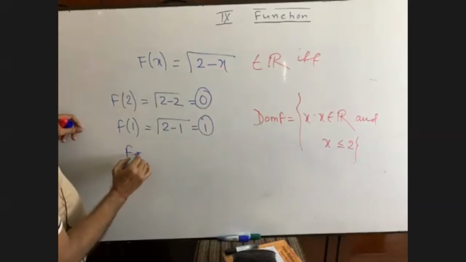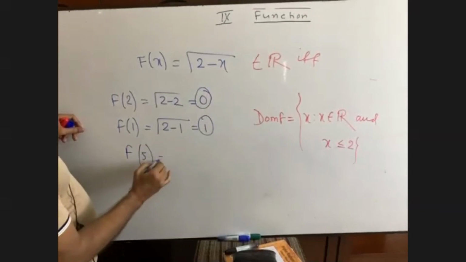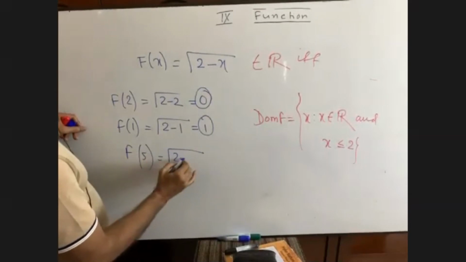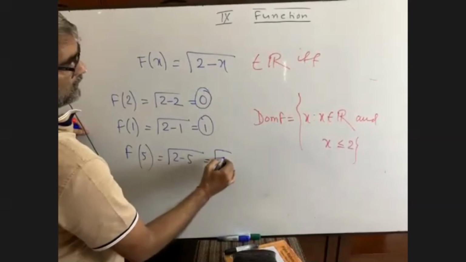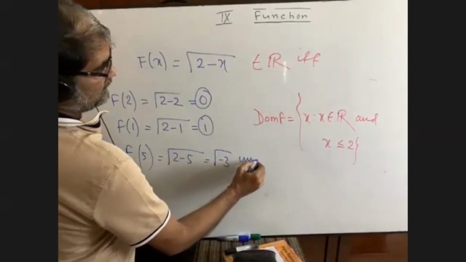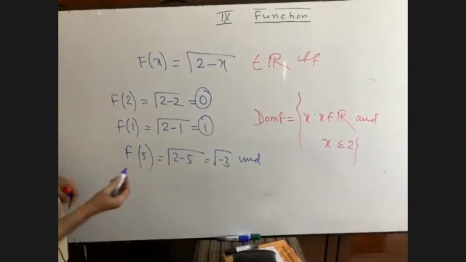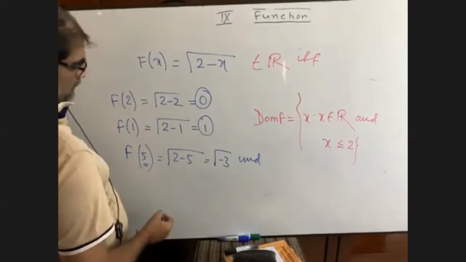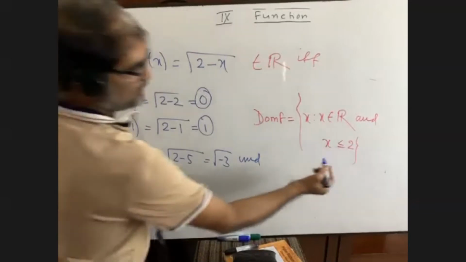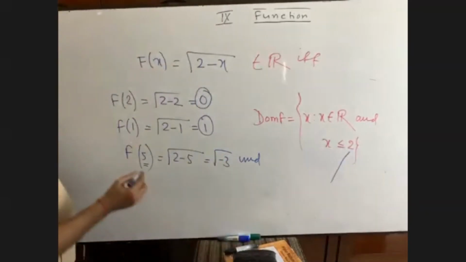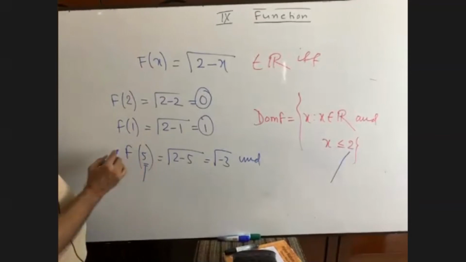Very good. Now take any value which is greater than 2. Suppose x is equal to 5. What is the value? 2 minus 5 equals root over minus 3, which is undefined. That means for a value greater than 2, it is undefined. Because in the answer, we have x less than or equal to 2, but the value we have taken is greater than 2, we have failed to find the value.